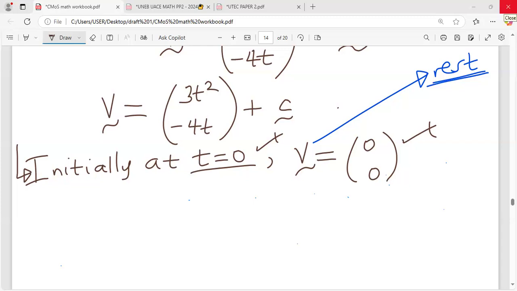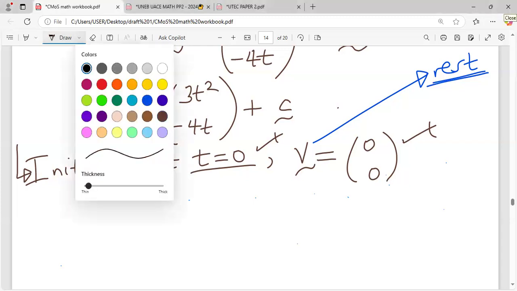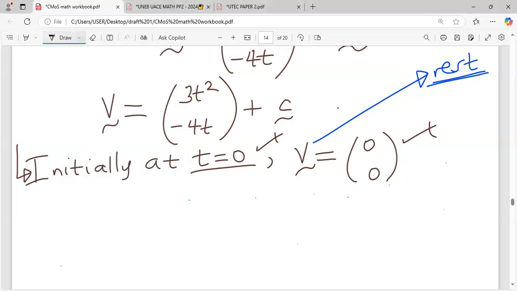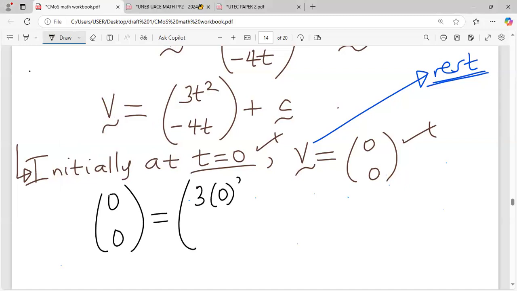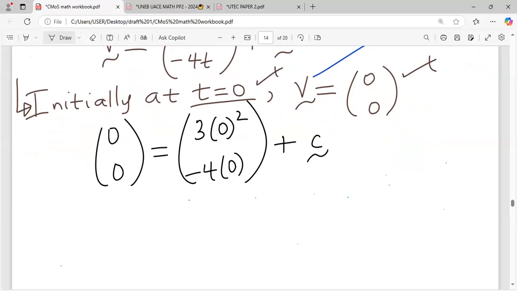So I'll come and now substitute. Say v is 0, 0. Then here 3, 0. I'm now substituting because I want to get the value of c. Negative 4, 0 plus c, not forgetting it is a vector.